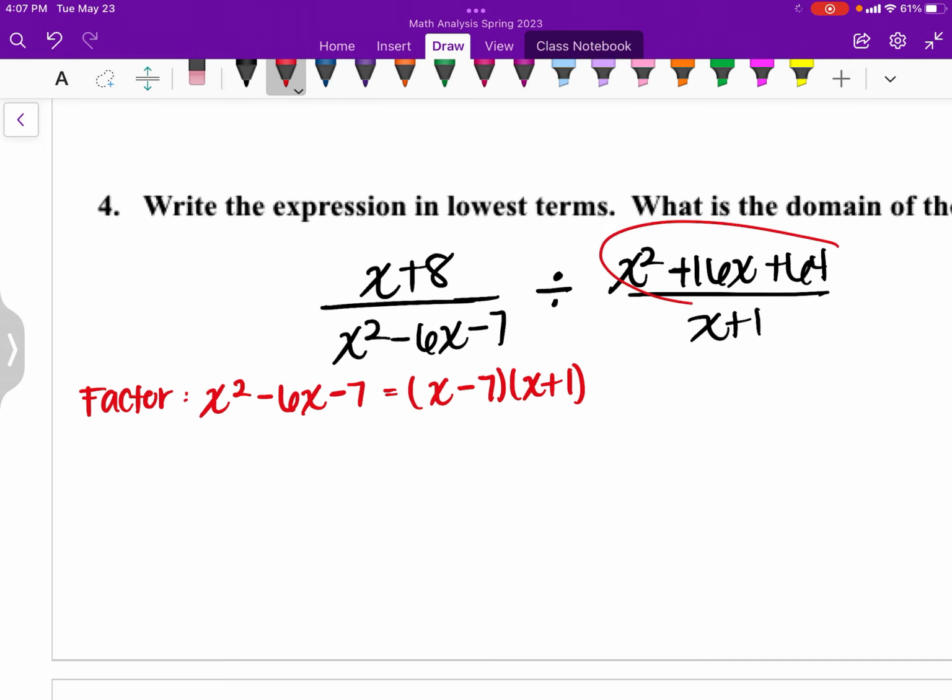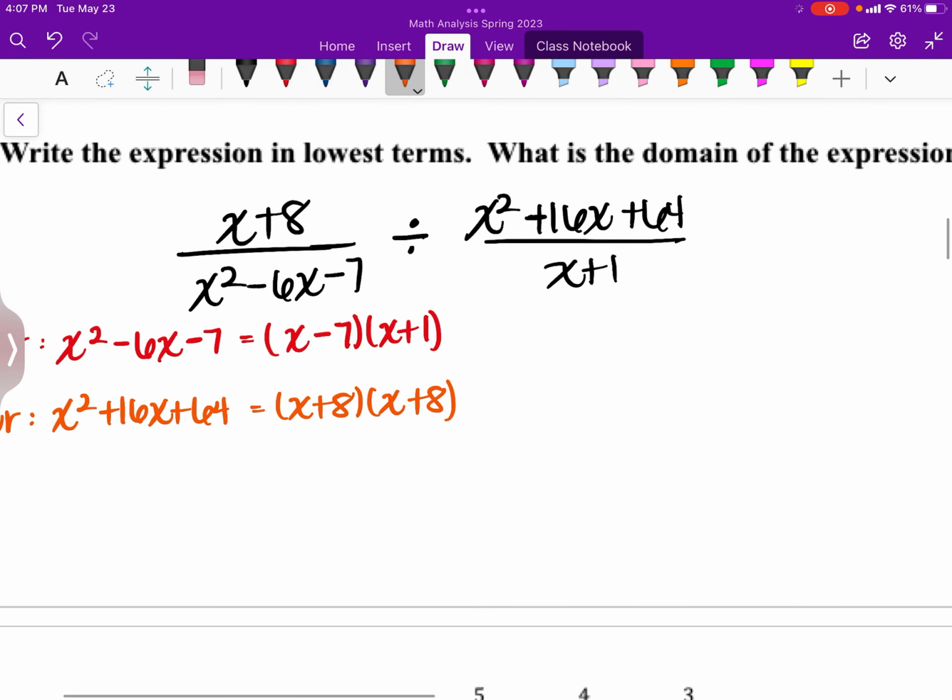From there, this is also another one that can be factored. So we'll go ahead and factor that one as well, in a different color. So factor x squared plus 16x plus 64. And that's going to be x plus 8 times x plus 8. Once again, two numbers that multiply to 64 and at the same time add up to 16.